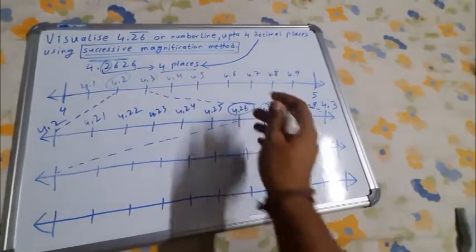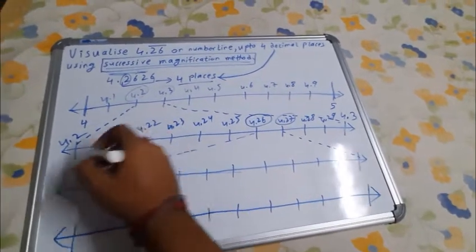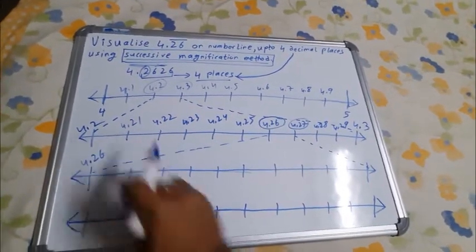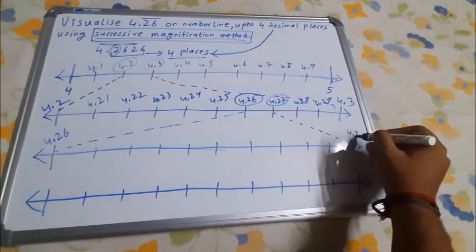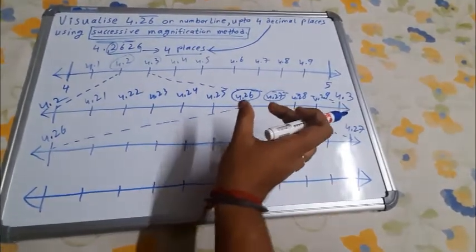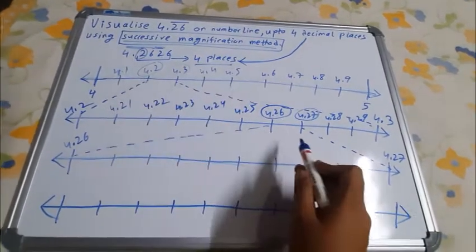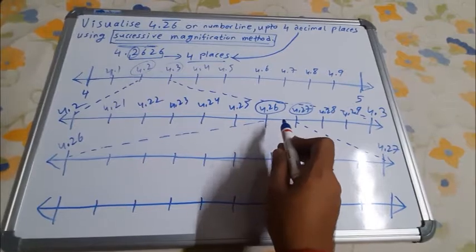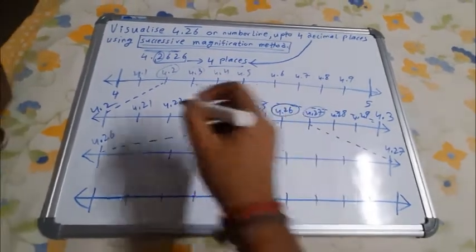Why am I doing this? Because we know 4.262 will lie between 4.26 and 4.27. Again, there are an equal number of divisions as in the previous cases.